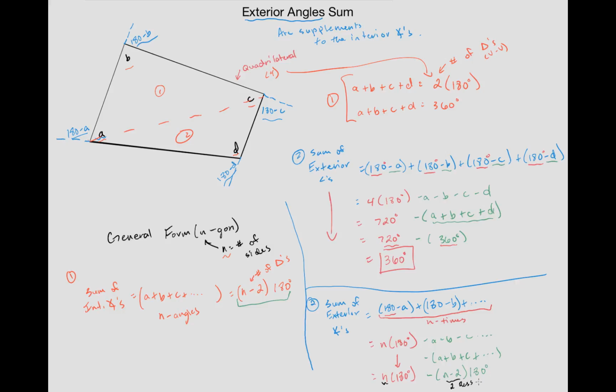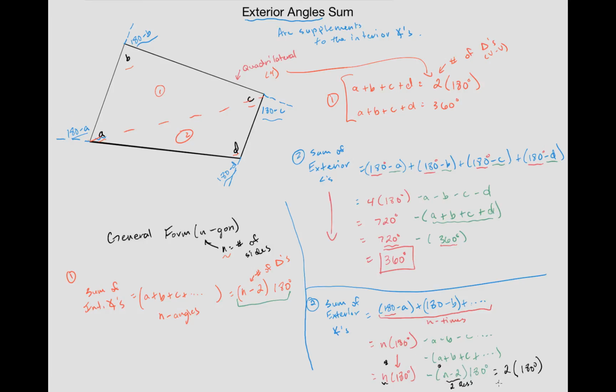Well, if we have 2 less 180 degrees and we're subtracting here, that means we're going to end up with just 2 180 degrees, right? Think of this as being like 8 180 degrees and 6 180 degrees. If we subtract those, we wind up with 2 180 degrees. And that would be the same no matter what, since it's n and n minus 2. It's just 2 less here.